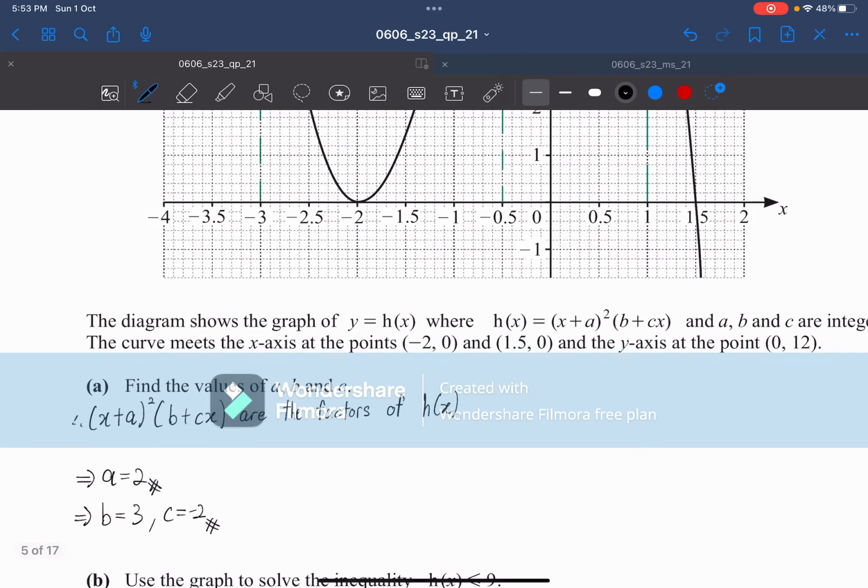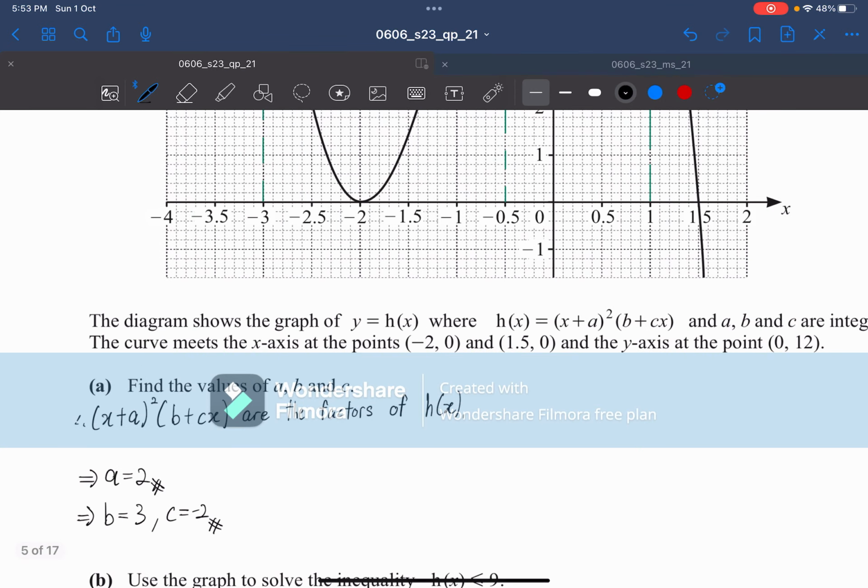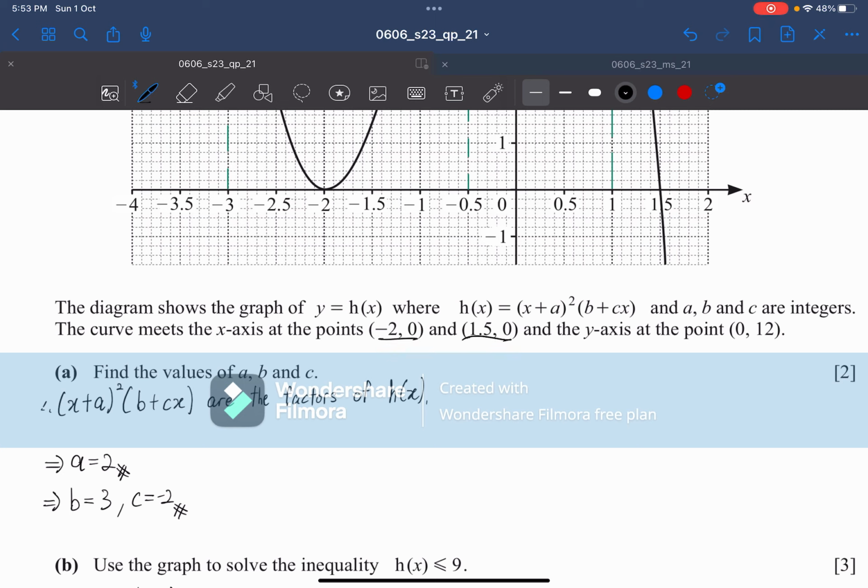So we know that (x + a) and (b + cx) are factors of h(x). So ignore my answer here because I want to explain my method of solving this further. Okay, we're given the points, this and this right here: (-2, 0), (1.5, 0), and (0, 12).